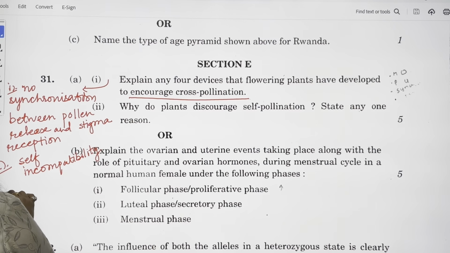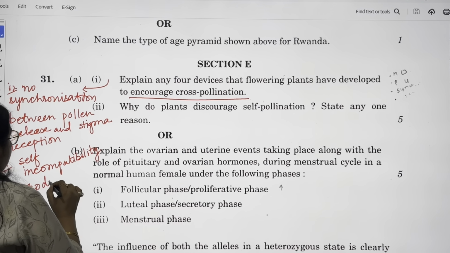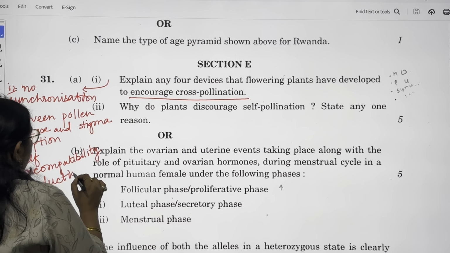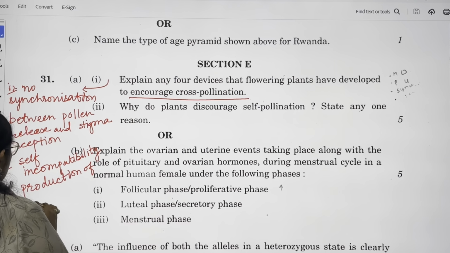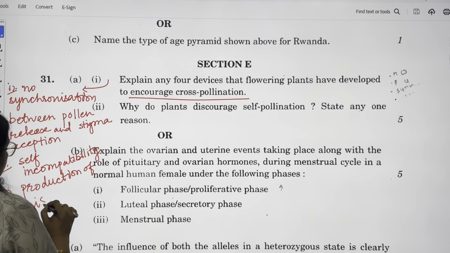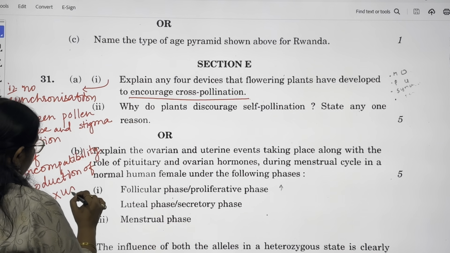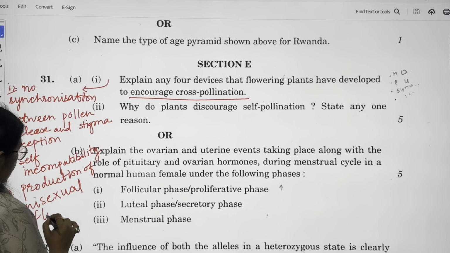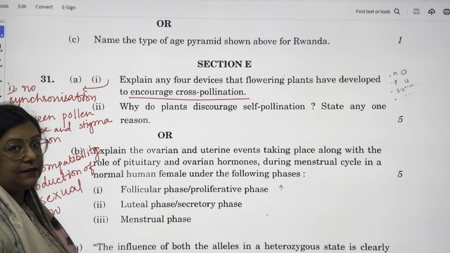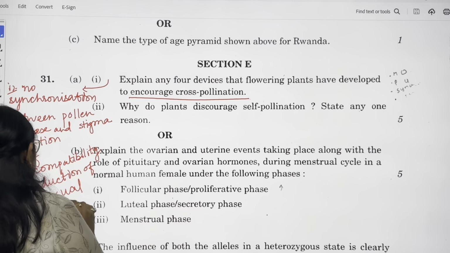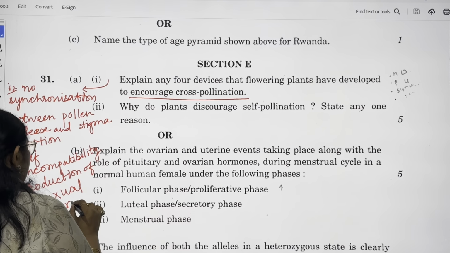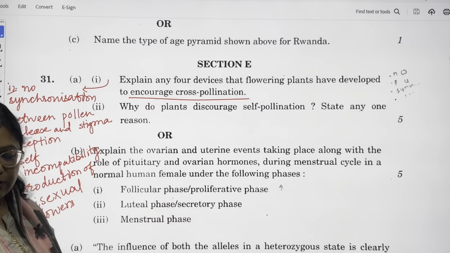Third is production of unisexual flowers, like you have seen in monoecious and dioecious plants, there are unisexual flowers produced, male and female flowers are produced.